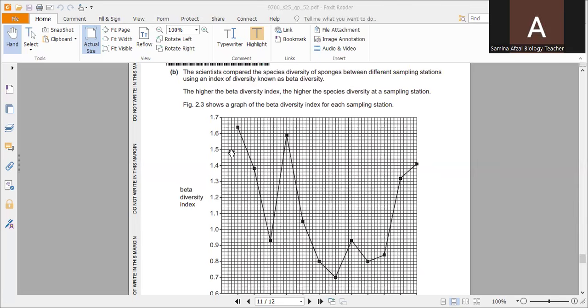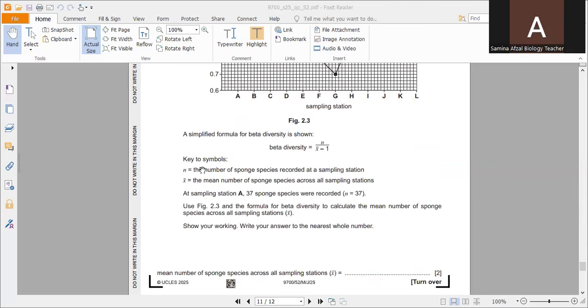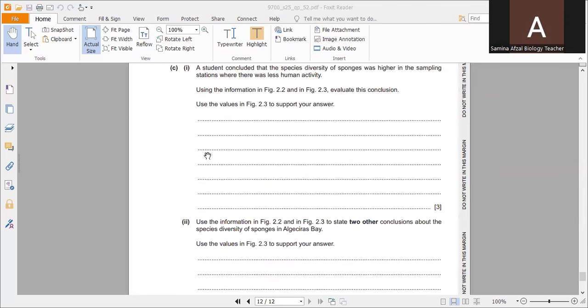According to this, I'm going to write the answer. First of all, I will write the evidence which will support the conclusion.